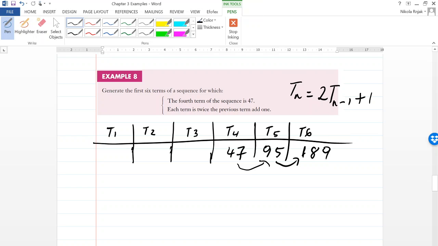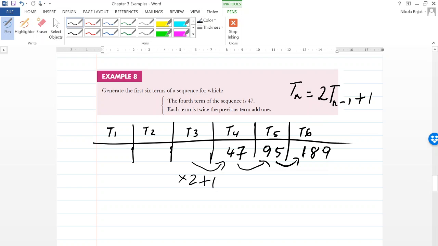So we've done the ones in the future, okay? To figure out what the ones before term 4 are, just think about it logically. To go from term 3 to term 4, you would have had to multiply term 3 by 2 and then add 1.